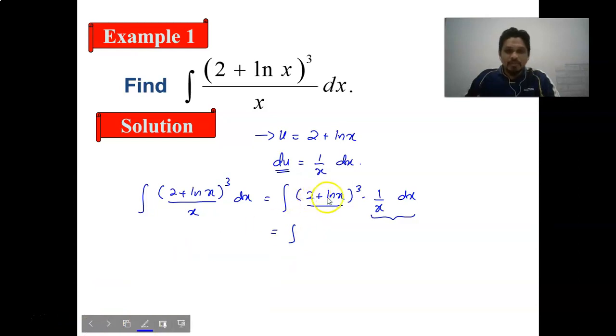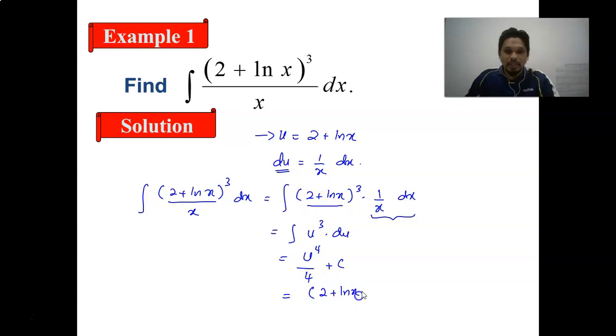So everything here, 2 plus ln x, is u, so we have u to the power of 3, and 1 over x dx is our du. Then we come out with u to the power of 4 divided by 4 plus c. Don't forget to change the u back in terms of ln x, so it is (2 plus ln x) to the power of 4 divided by 4, or multiplied by 1 over 4, plus c.